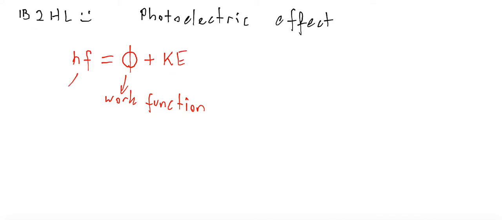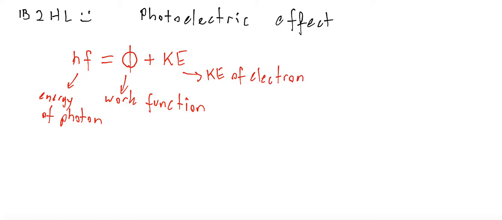So again, the left hand side is the energy of the photon, the right is the energy needed to remove the electron, and the rest is the kinetic energy of the removed electron. Basically this equation is the simple law of conservation of energy.